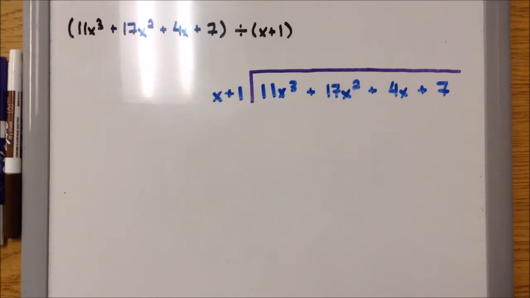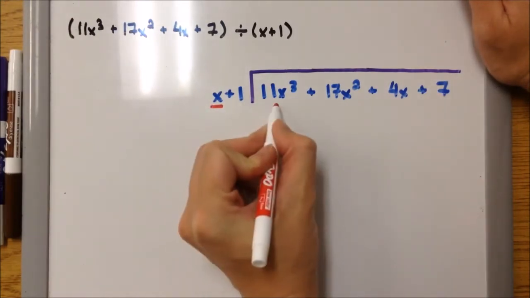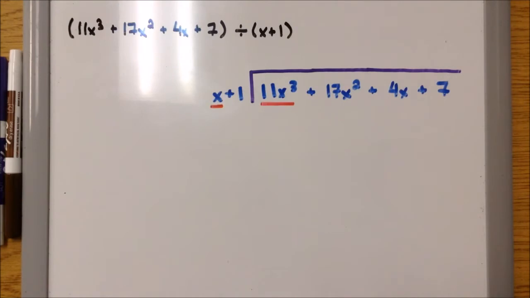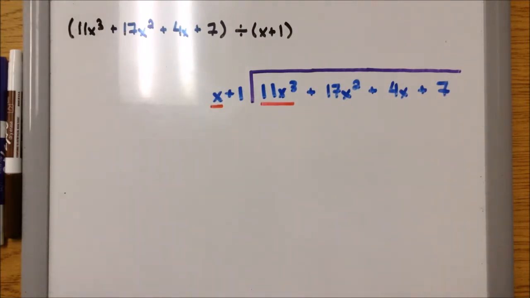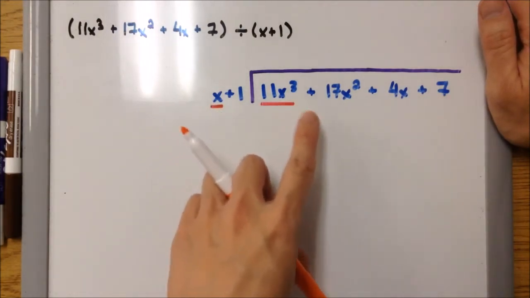Alright. So we are going to check with the leading terms. So x in our divisor, and then 11x to the third power. Just like in the previous example, we're going to see how much x can go into 11x to the third.